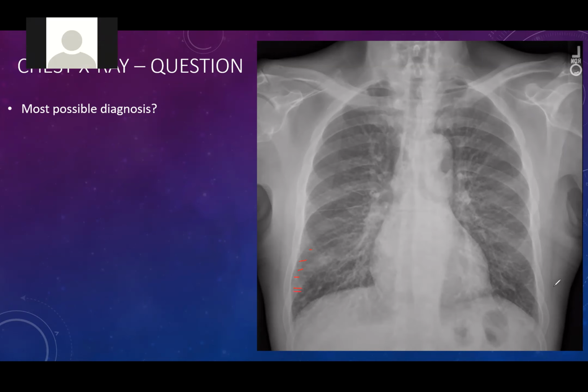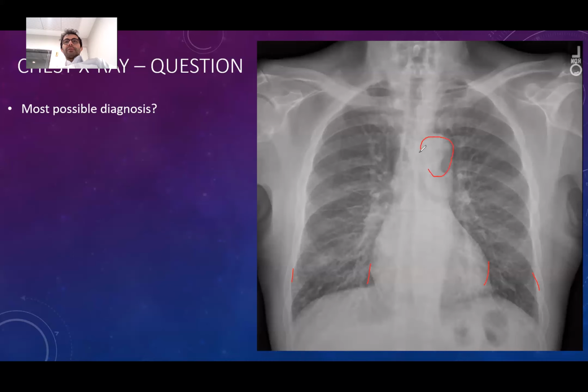Great, Kerley B lines. I didn't teach you Kerley A or Kerley C or Kerley D. Just know the Kerley B lines, okay? These are Kerley B lines, perpendicular to the pleura. Good. So it's a very good sign. It's in both lungs. Also, the heart is on the limit, right? Pretty much on the limit, almost enlarged.